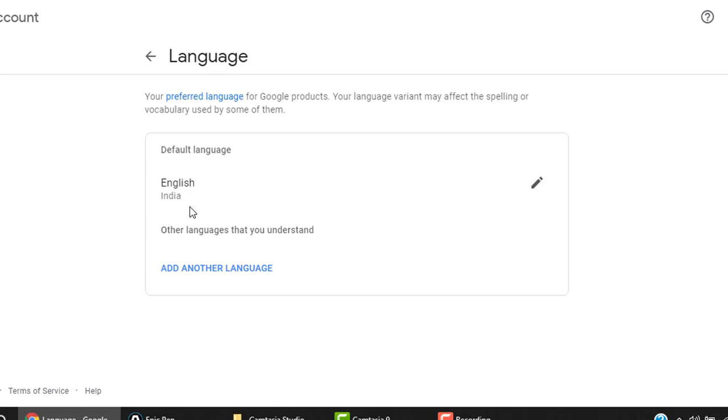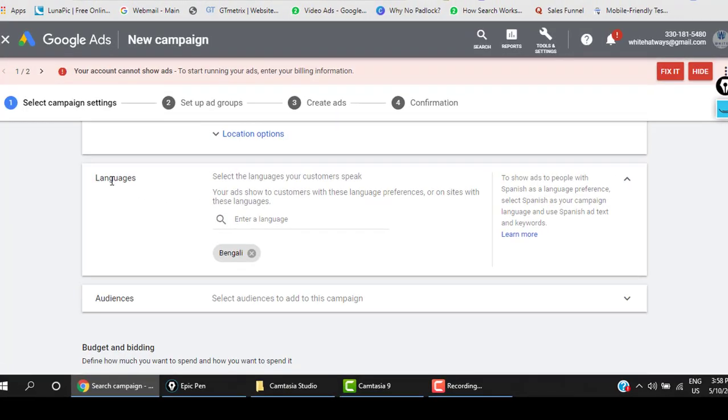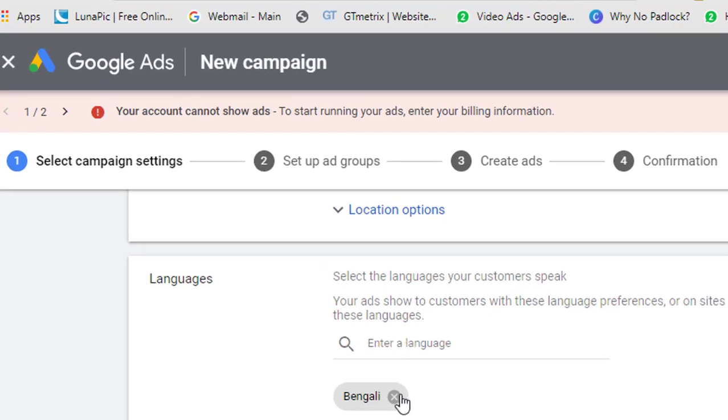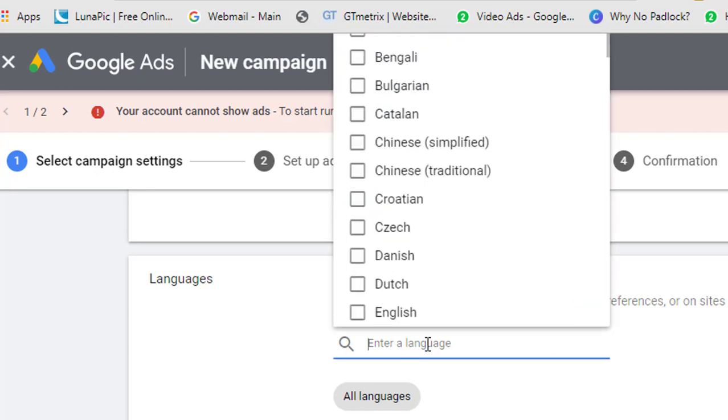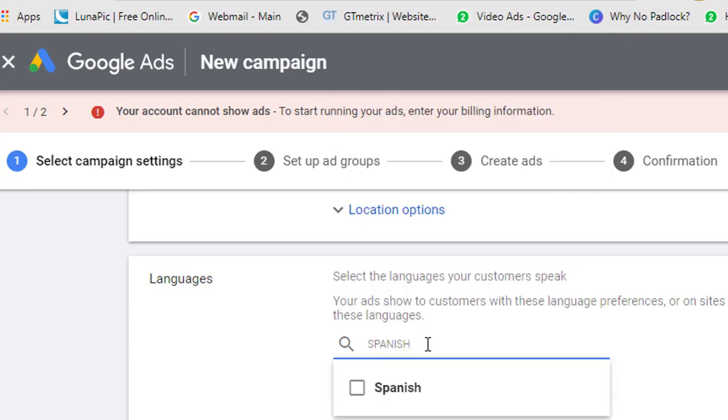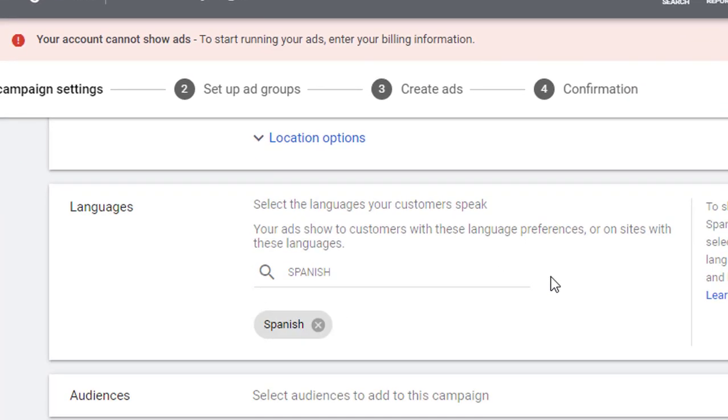So let's assume you are creating an ad in English, and at the language settings, when we come to the campaign, languages, let's assume that you have written Spanish. So this is the language that you are targeting. However, once you are making the ad copy, you are using English as the language.